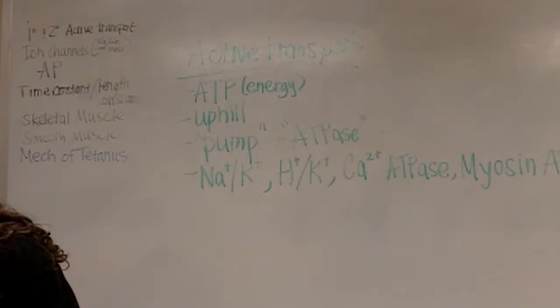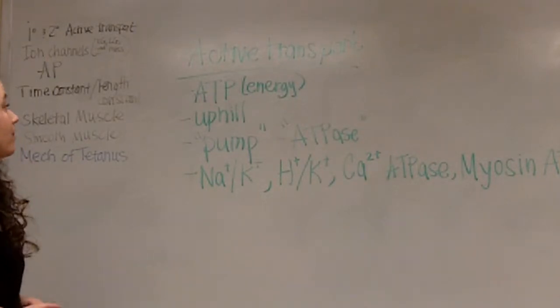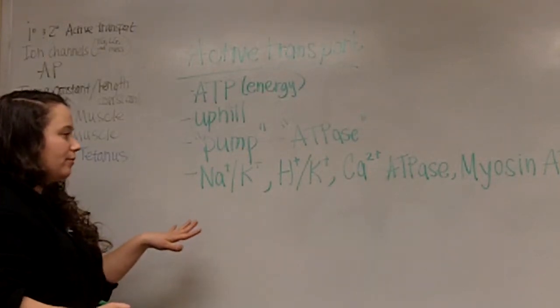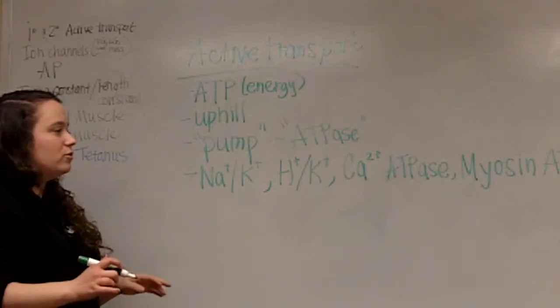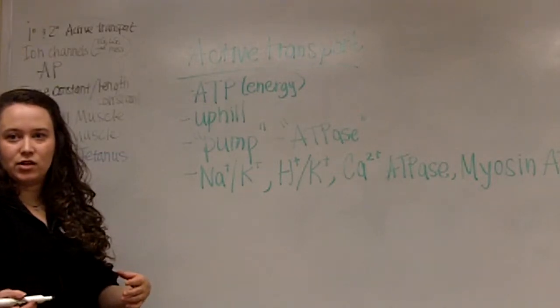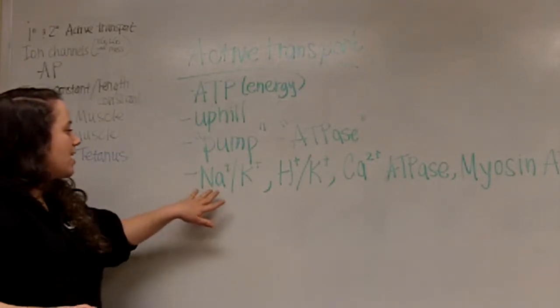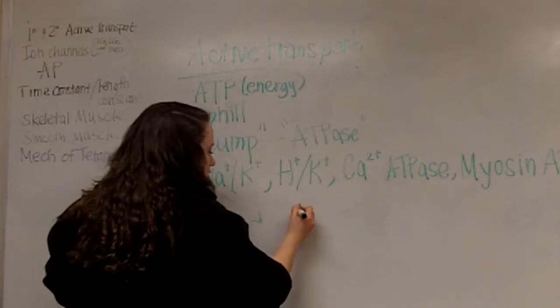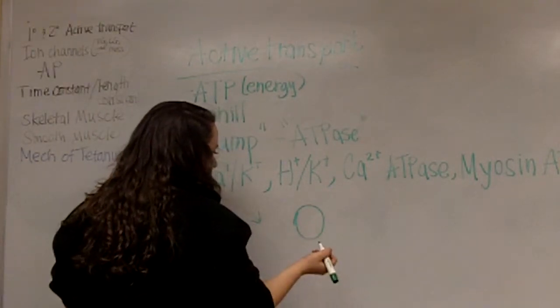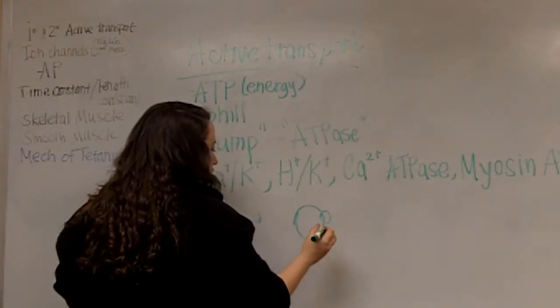Gotcha. Okay, so if we think about active transport, your active transporters are what's going to contribute the energy for the secondary active transport. So let's take the sodium potassium ATPase for example. So you have this cell, and here's our transporter.